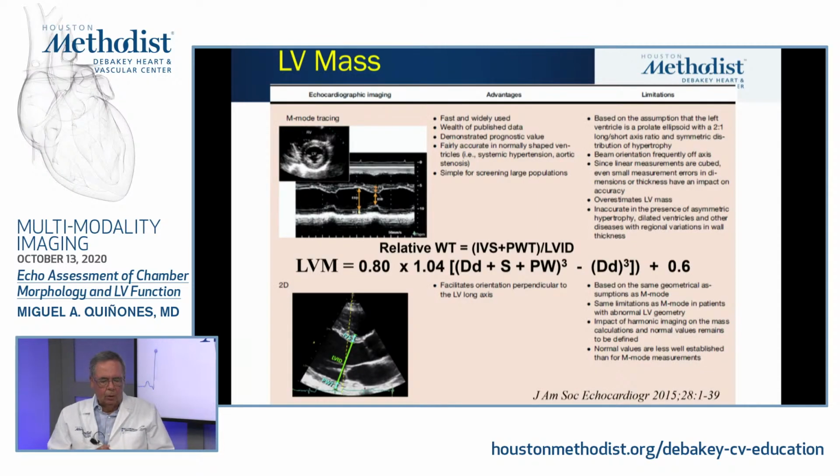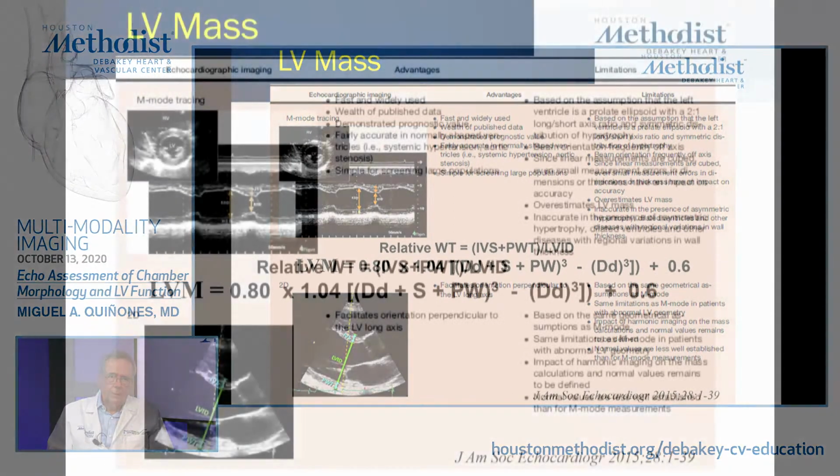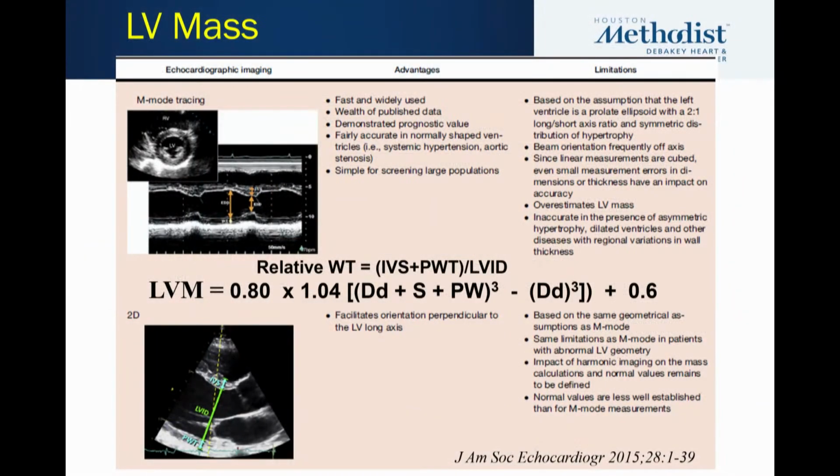So in the ASE document, believe it or not, they still recommend the traditional linear equation, which was developed in the days of M-mode, where basically one used the diastolic dimension and the combination of wall thickness from the septum and posterior wall, and we used the cube equation to develop LV mass.